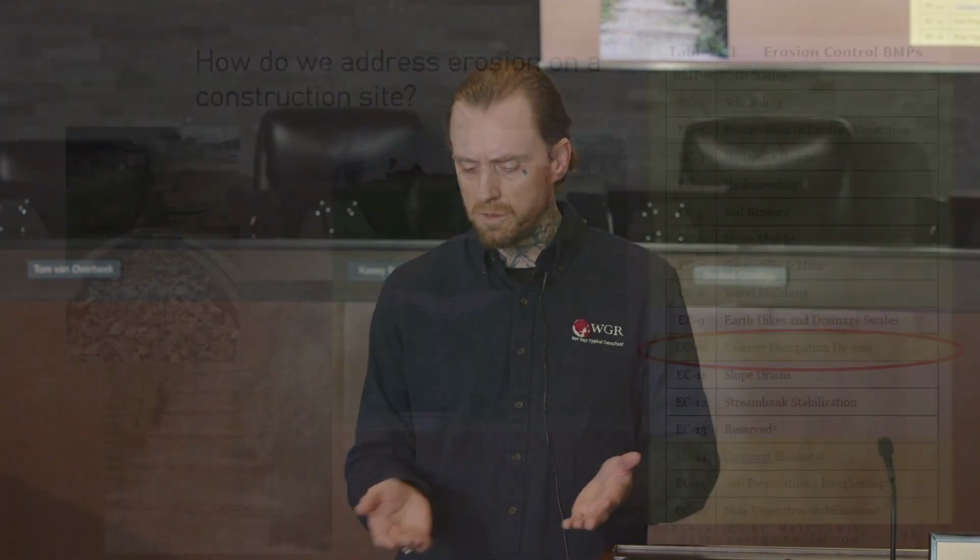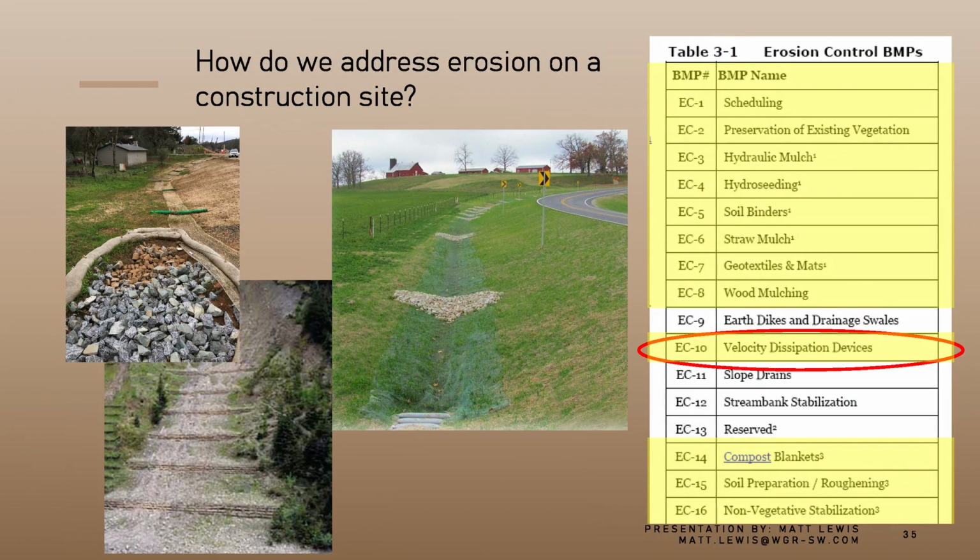Moving on. Soil surface erosion controls are not always enough to prevent erosion, especially on a slope, if velocity dissipation BMPs are not used along with soil surface protection. So this is definitely the case on hillsides or slopes where the hydroseeder will come in.